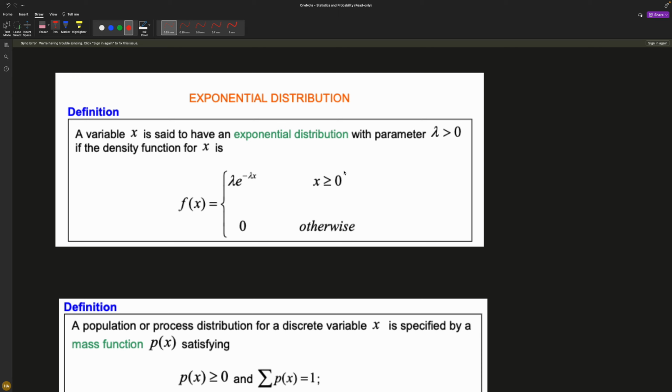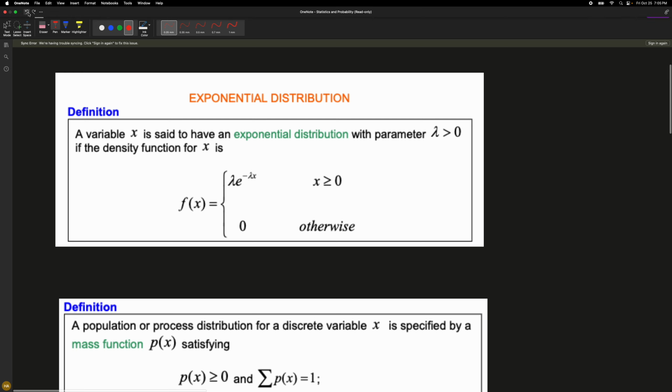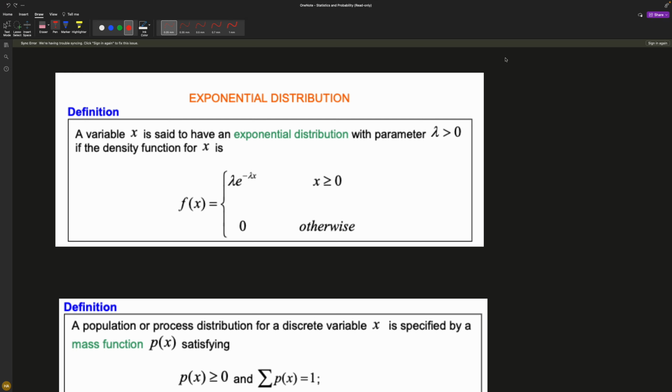So for exponential distribution, if you remember what exponential functions are, they're just functions that exponentially grow.